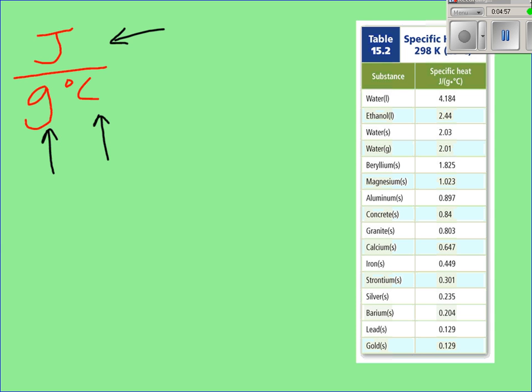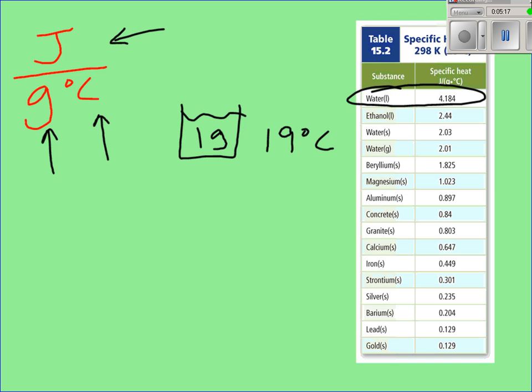It's telling us how much energy is required to raise 1 gram of a substance by 1 degree Celsius. Let's take, for instance, water in the liquid phase. Water has a specific heat of 4.184 joules per gram degree Celsius. Now, what does that actually mean? Well, suppose I had a beaker that had exactly 1 gram of water in it. Now, suppose that 1 gram of water was at 19 degrees Celsius, and I wanted to raise the temperature of that 1 gram of water by 1 degree Celsius, or in other words, to 20 degrees Celsius.